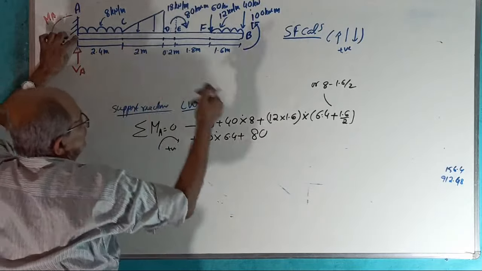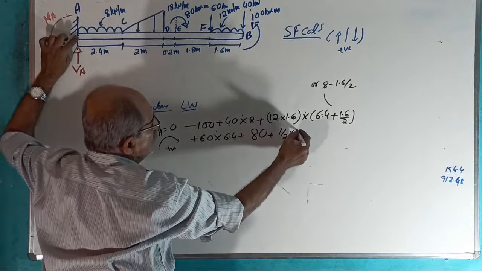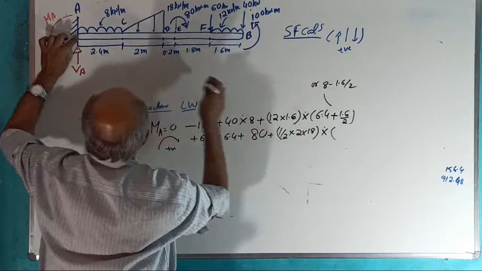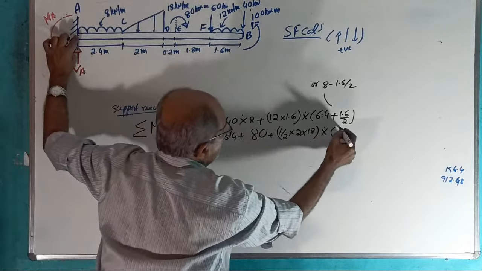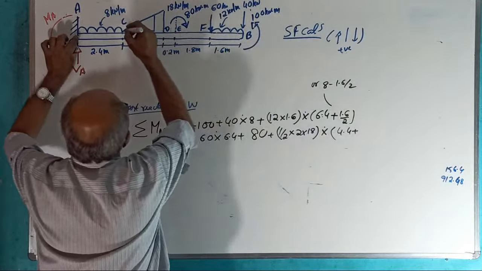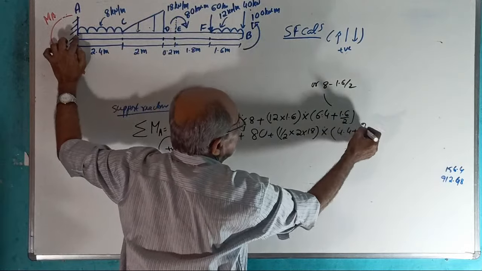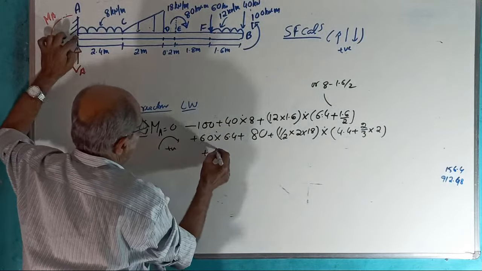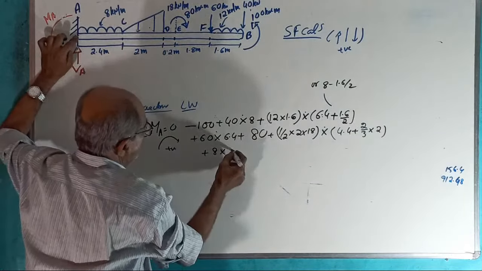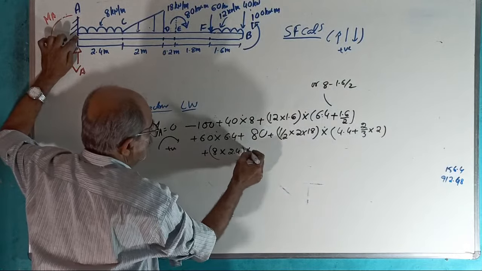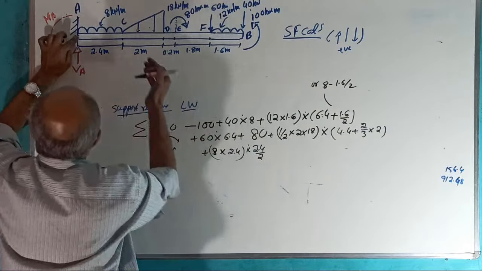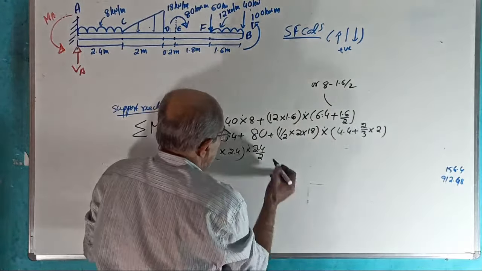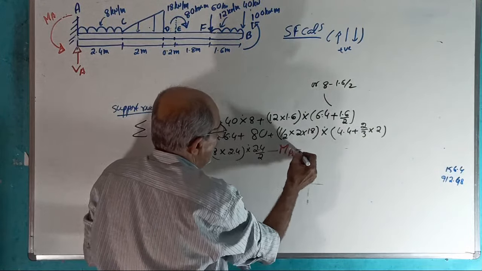Then, plus half into 2 into 18, the total load, into 2.4 plus 2 is 4.4, plus another from here to here is 2 by 3 of 2. Then plus 8 into 2.4 into 2.4 by 2. Lastly, minus MA. Last term is what? Minus MA equal to 0.